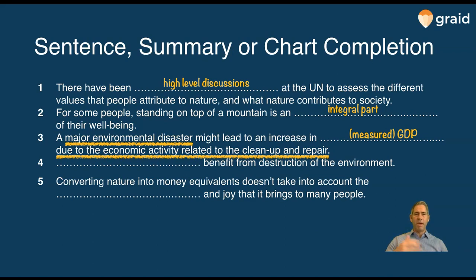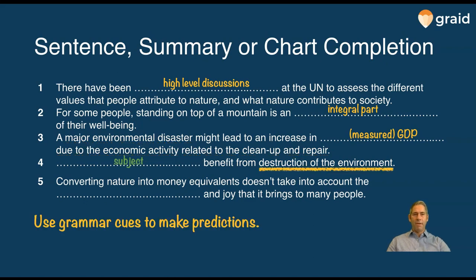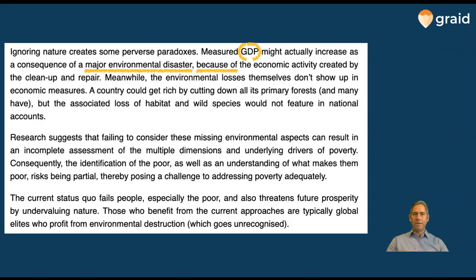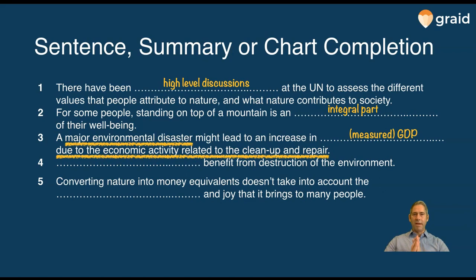So on the test, there may be alternative answers, but let's check to see if this makes sense. A major environmental disaster might lead to an increase in measured GDP due to the economic activity related to the cleanup and repair. Now, if we go back, we can also see at the end of that sentence the key expressions because of the economic activity created by the cleanup and repair. So that is most definitely the answer.